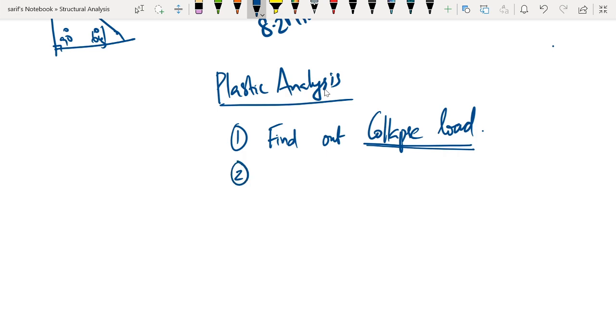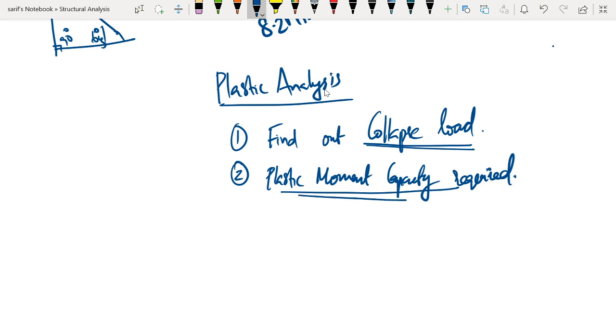Second thing we have to find out, which is required in the designing of a structure, is the plastic moment capacity. That is required in the design. So we have to find out the plastic moment capacity required.